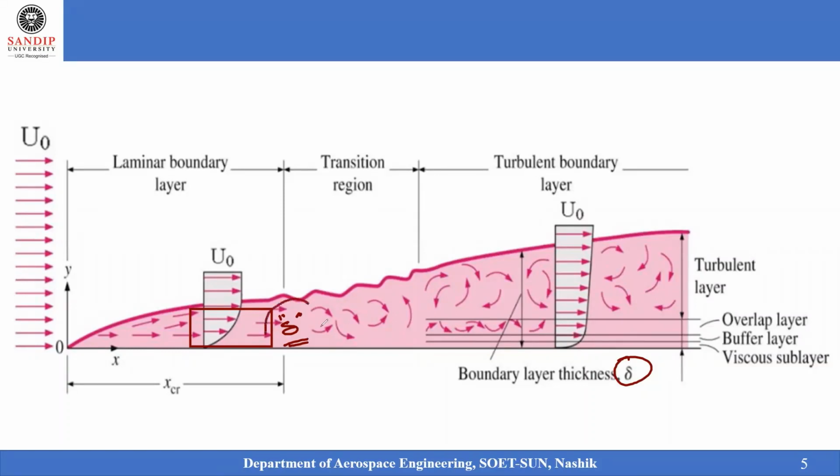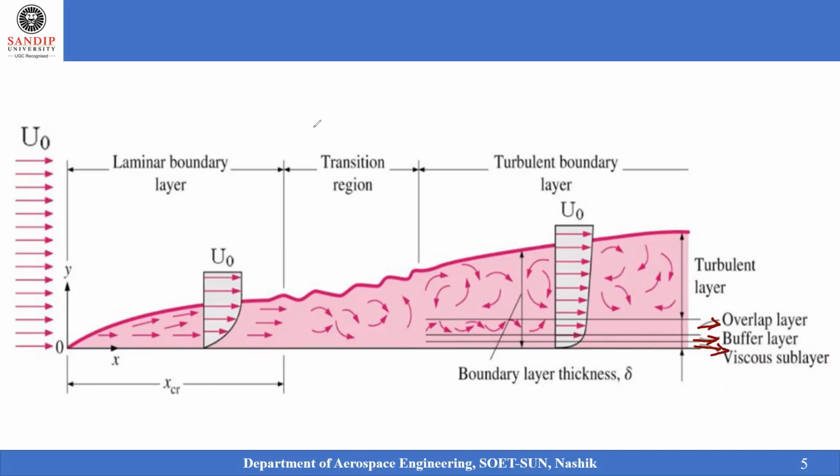So generally one boundary layer thickness is available in the laminar zone, and another in the laminar sublayer or viscous sublayer, which is available in the turbulent zone. When we talk about the viscous sublayer, there is an interference between the regular turbulent flow and this viscous sublayer flow, and that region we will call an overlap layer, or a buffer layer, and then the viscous sublayer or laminar sublayer.